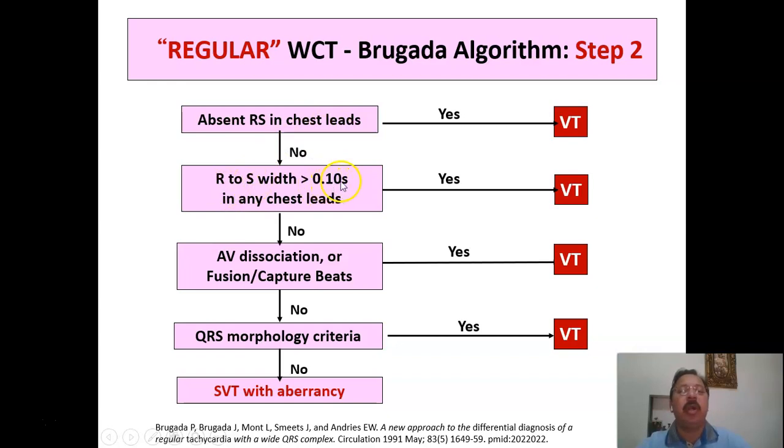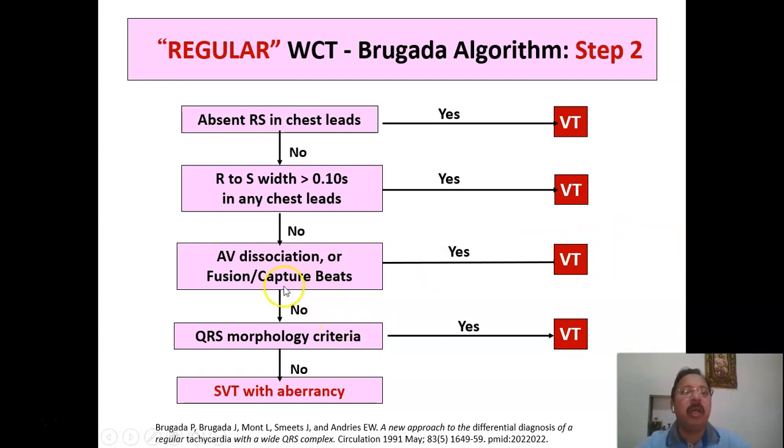If it's more than 0.10 second in any chest leads, and the answer is yes, it's ventricular tachycardia. Still not sure? Try to find atrioventricular dissociation, like P waves independent of the QRS complexes, fusion beats, capture beats. If you get any of these, again, this is in favor of ventricular tachycardia.